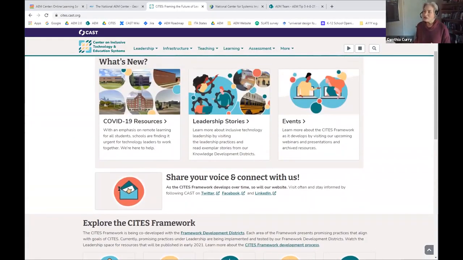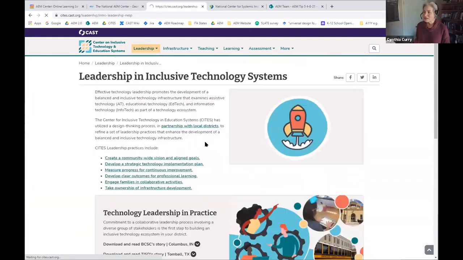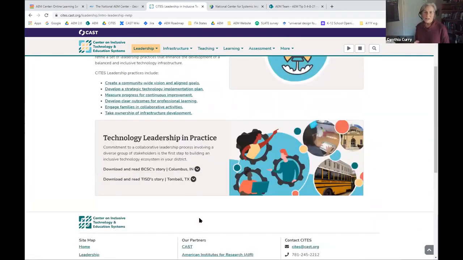So when you go and look at some of the resources that are currently available, you'll see that they're related to leadership because that's been the primary focus through late last year, early this year. The project has now phased into looking specifically at what are some of those teaching, learning, and assessment practices that support inclusive technology ecosystems. And then we'll look specifically at families and how families are engaged in these systems.